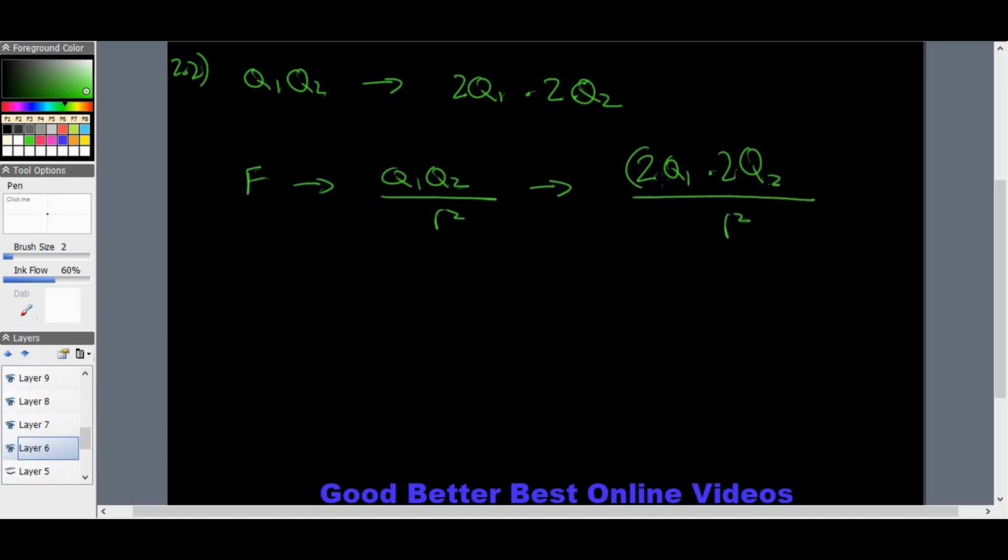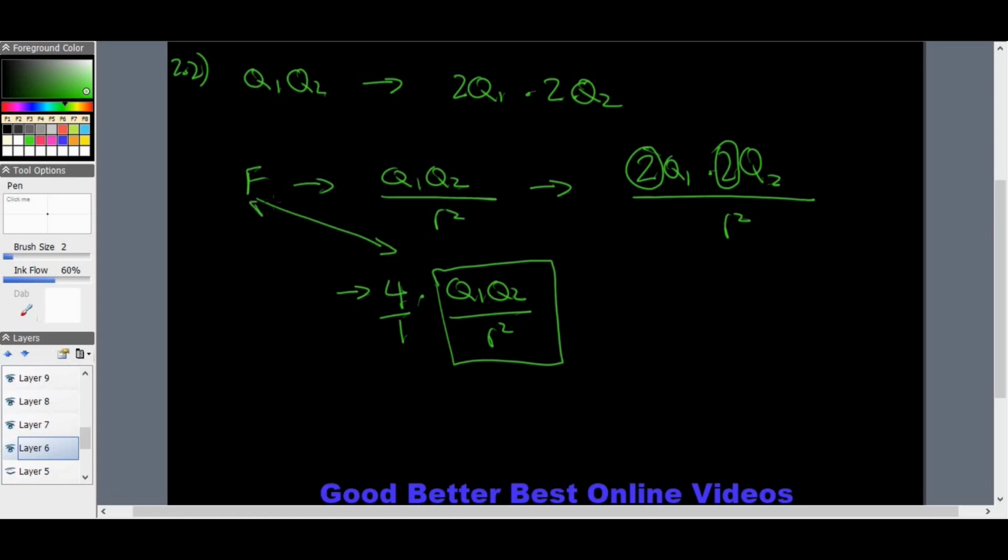Now obviously what do I have here? I have coefficients. So 2 times 2 gives me 4 over 1 times Q1 Q2 all over R squared, and obviously we know this is equal to F, the electrostatic force.